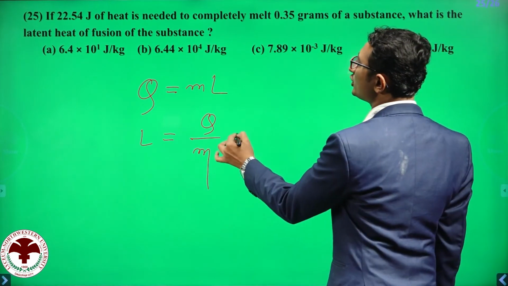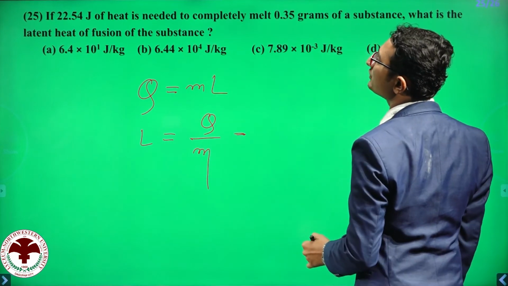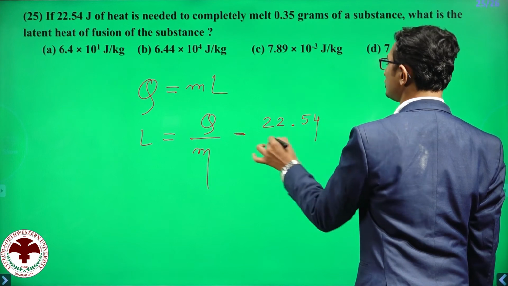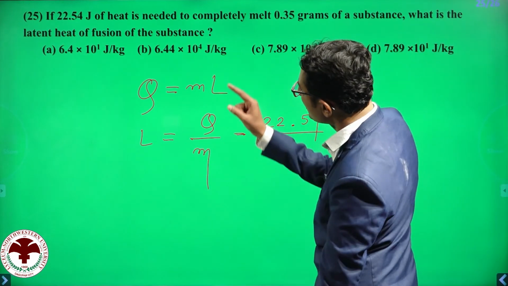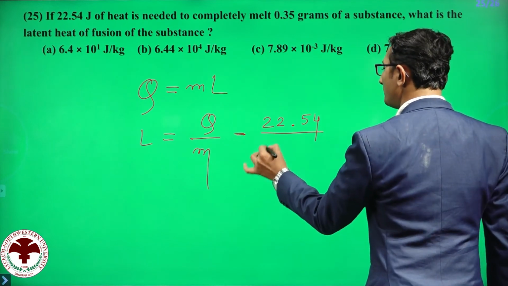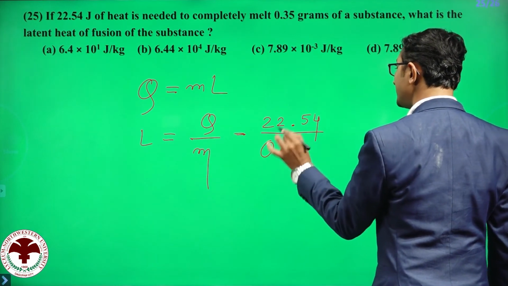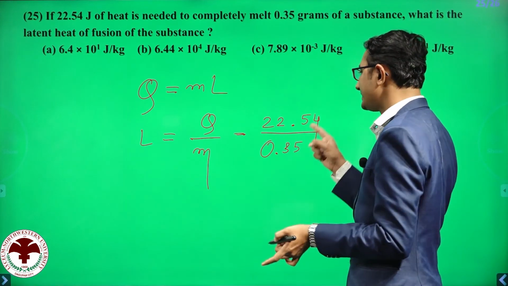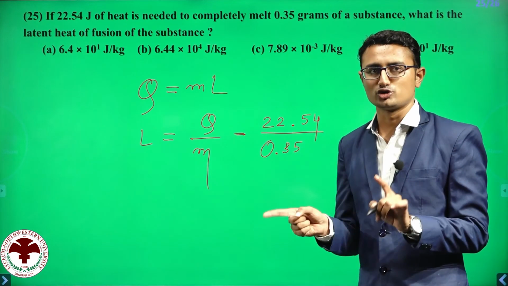So what is Q? Q is 22.54 joule, upon the mass needed to completely melt, 0.35 grams. Remember that mass is in gram, the CGS unit, while 22.54 is in joule, the SI unit.